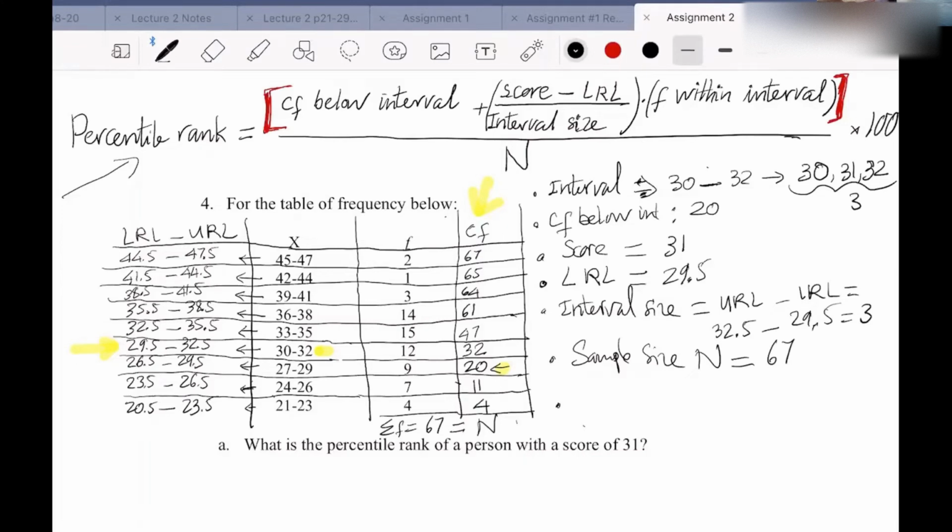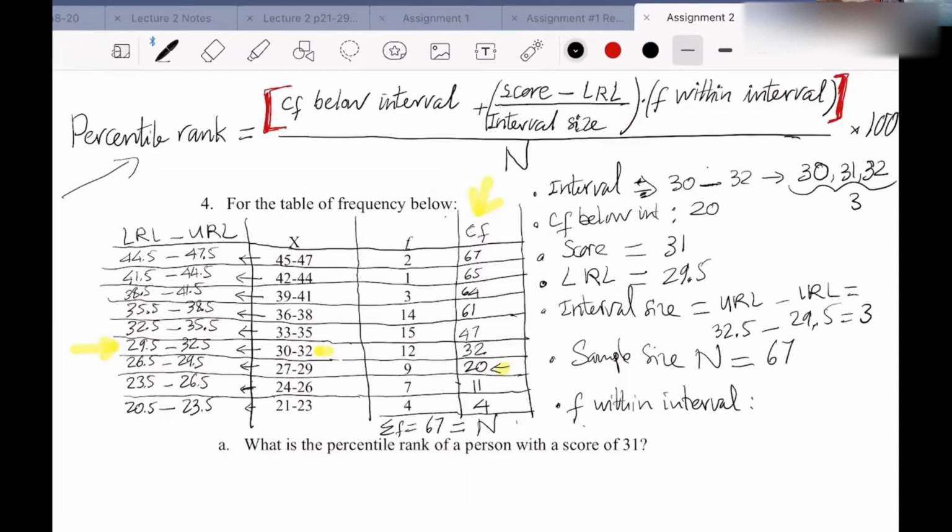All right, so we need to find the frequency within the interval, right? Good, everyone. What is it? Can you type in the chat for me? What is the frequency within the interval of the interval 30 to 32 that we're looking for? I got Uriel.